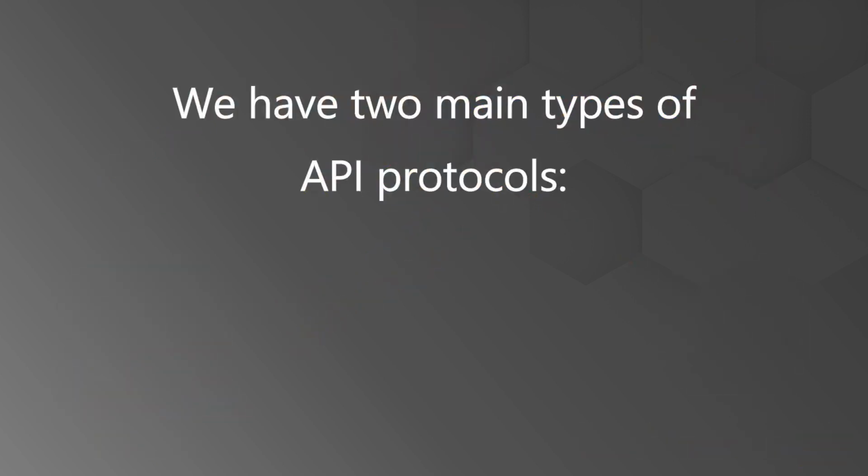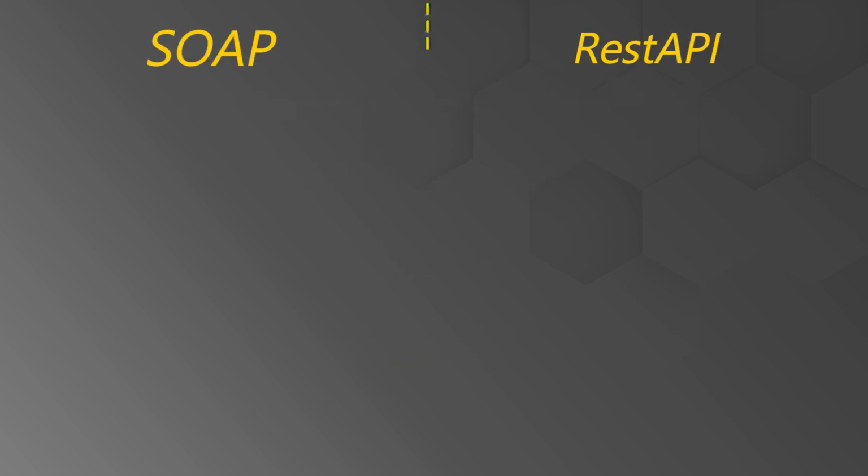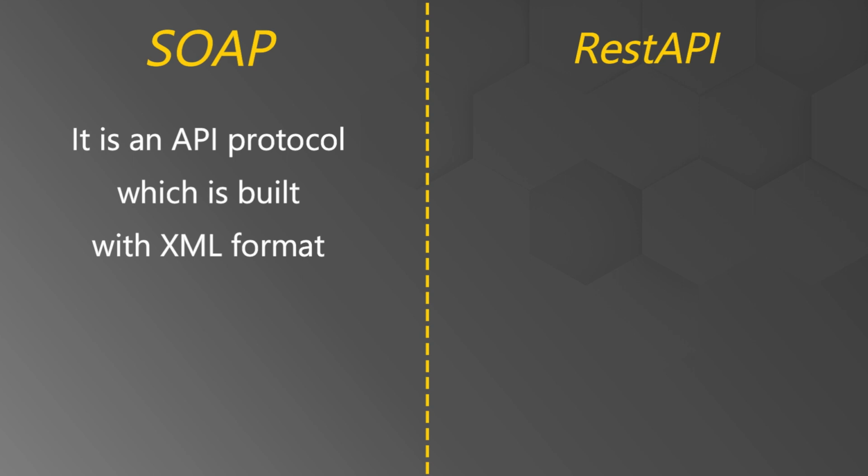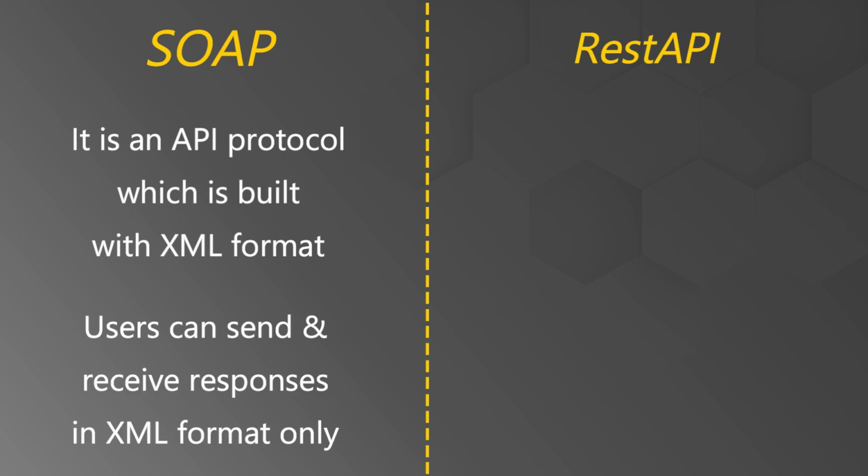We have two main types of API protocols, that is SOAP and REST API. The main difference between these two is that SOAP is an API protocol which is built with XML format. Users can send and receive responses in XML format only.